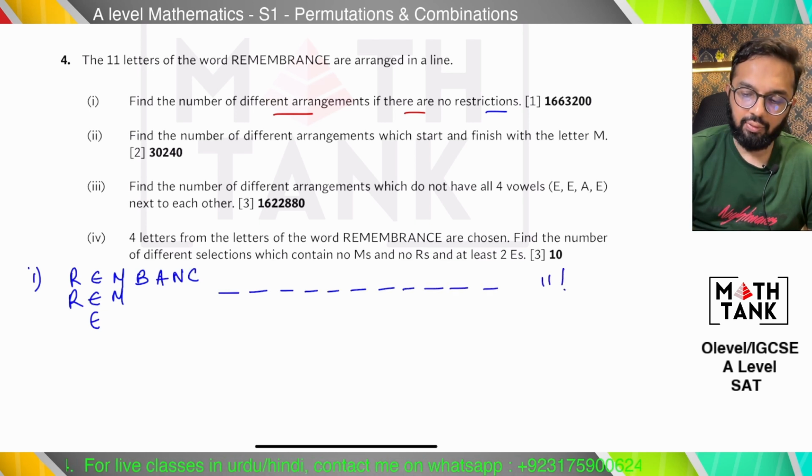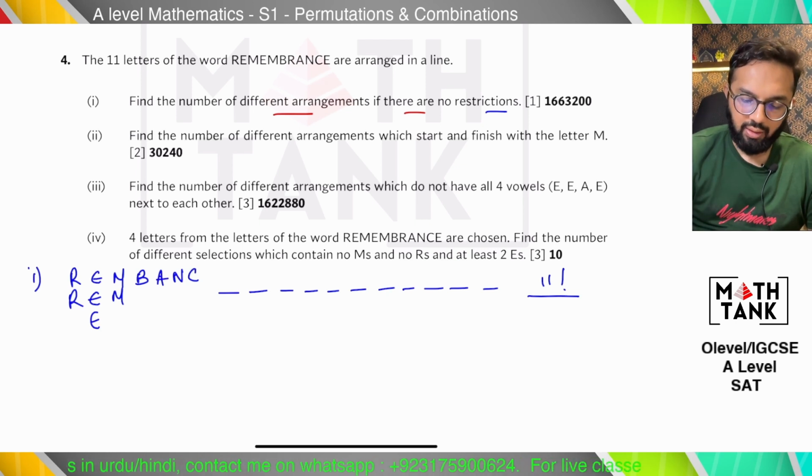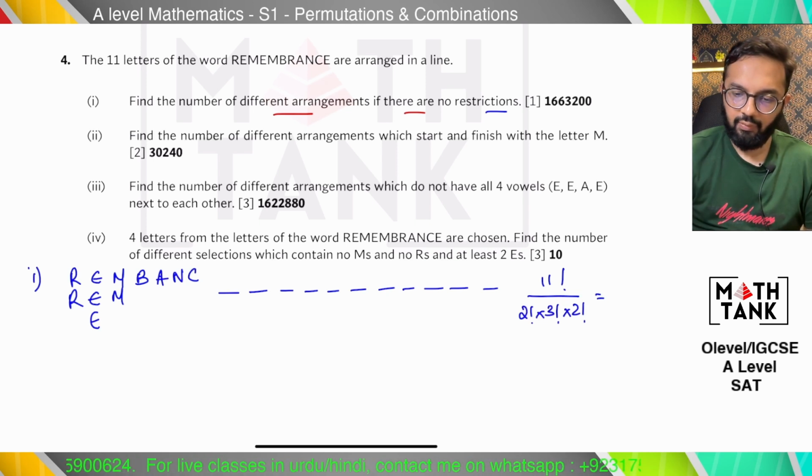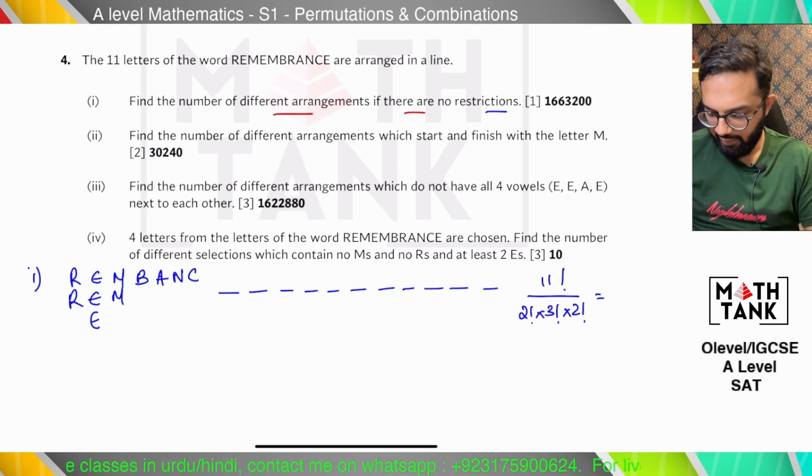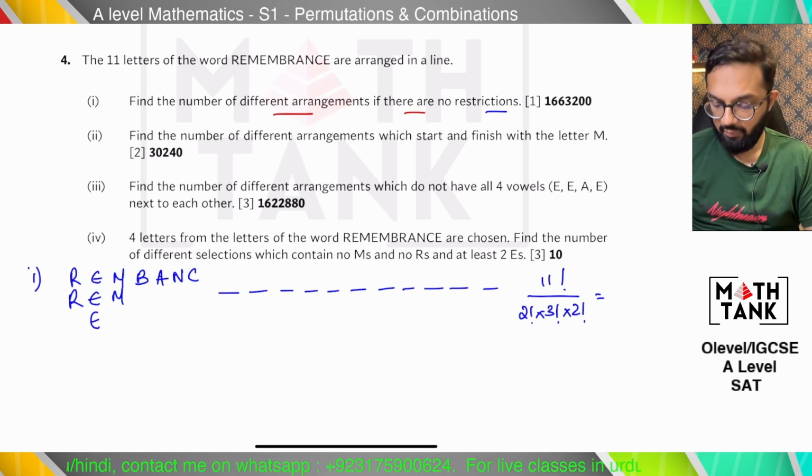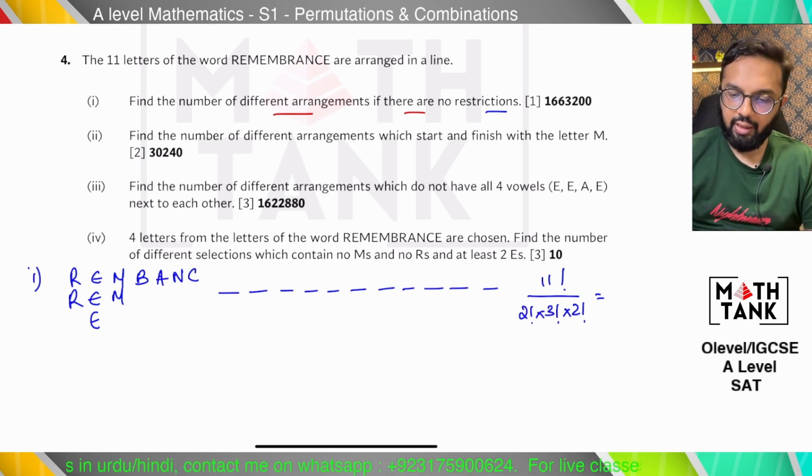So 11 factorial divided by 2 factorial, 3 factorial, and 2 factorial. Okay, let's see if that gives us the correct answer. 1663200. Yes.